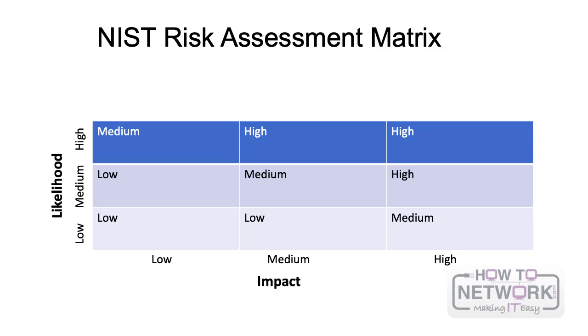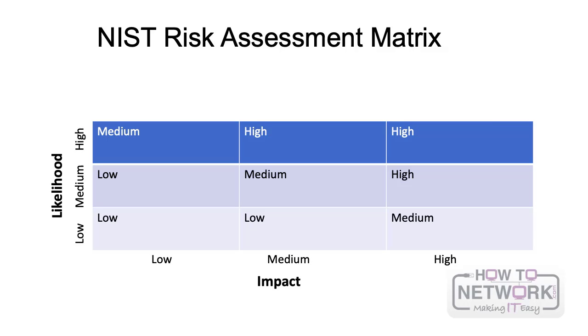Okay, good. Now, the vulnerability that is present in my web server, is it low, medium, or high? What is the impact? Well, the impact is high because if it's exploited, then my server will go down.